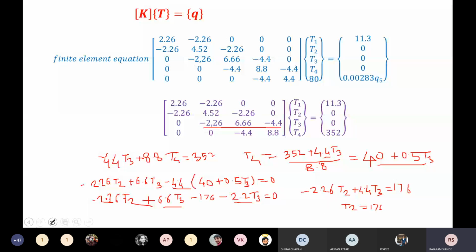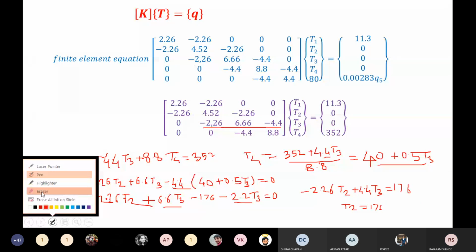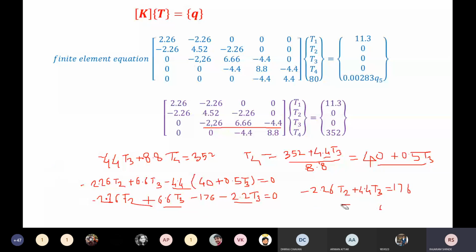Okay, we will calculate the T2. I will take T2 on this side and here I will calculate T3.